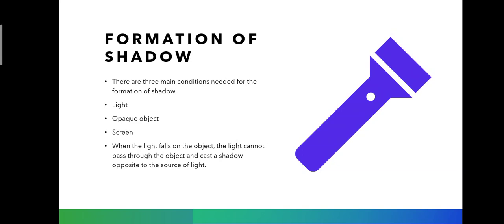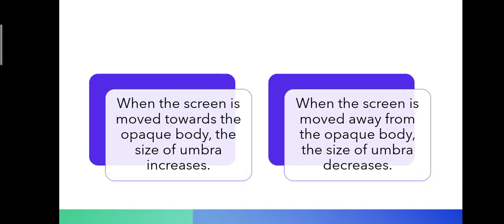When the light falls on the object, the light cannot pass through the object and casts a shadow opposite to the source of light. Clear? Now this part is very important, because it also comes in the Olympiads, and there is confusion about these main points.